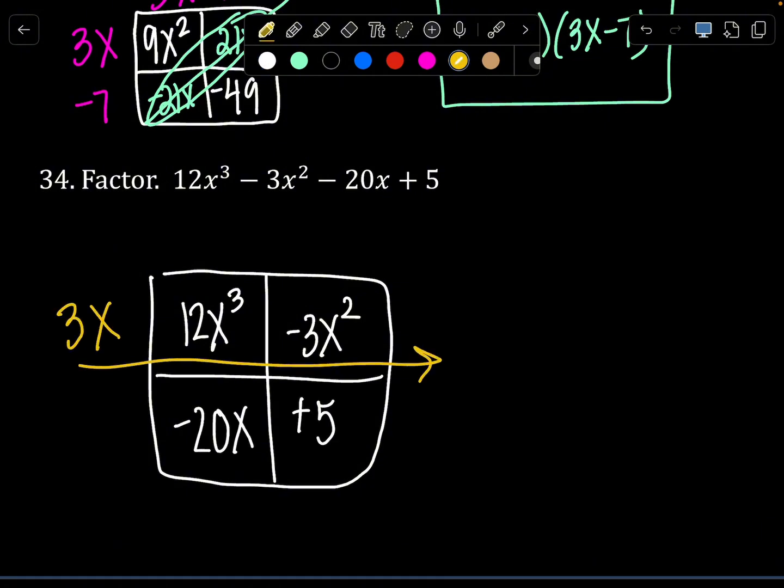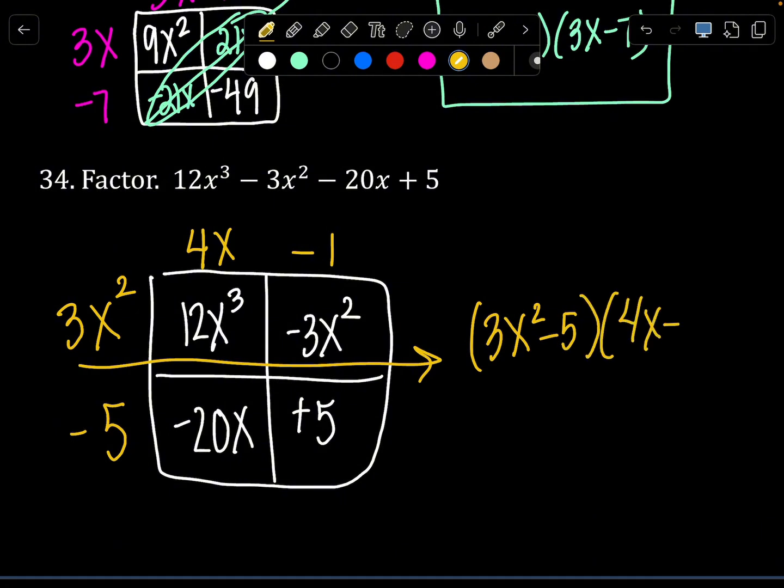They're both divisible by 3, and then they both have x squared in common. This is 4x minus 1. And this is going to be minus 5. There you go. Therefore, you get these two as your factors. The dimensions, the numbers outside, right there.